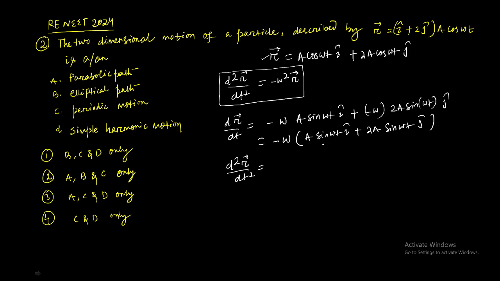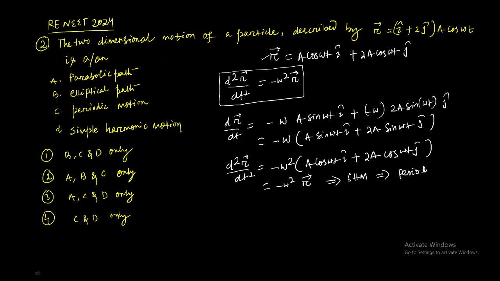The derivative of sin omega t will be omega cos omega t. So this will be minus omega square, A cos omega t i cap plus 2A cos omega t j cap. Now you see here, this is minus omega square r. That means it obeys SHM. The particle is executing SHM, and if it is executing SHM, then it will be periodic motion. So options C and D will be correct.